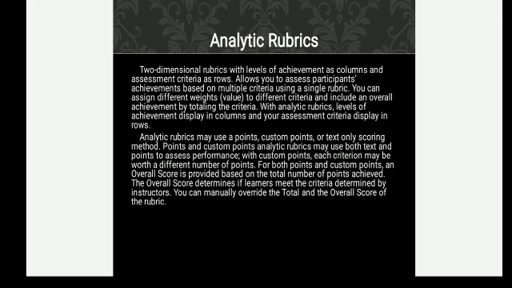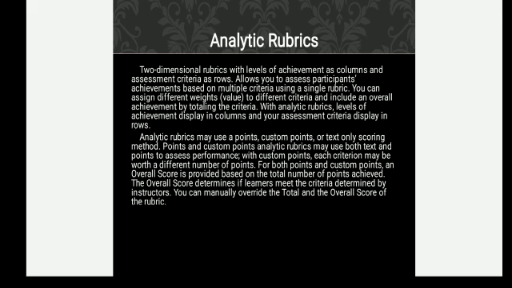You can assign different weight or value to different criteria and include an overall achievement by totaling the criteria. With analytic rubrics, levels of achievement display in columns and your assessment criteria display in rows. Analytic rubrics may use points, custom points, or text-only scoring method.